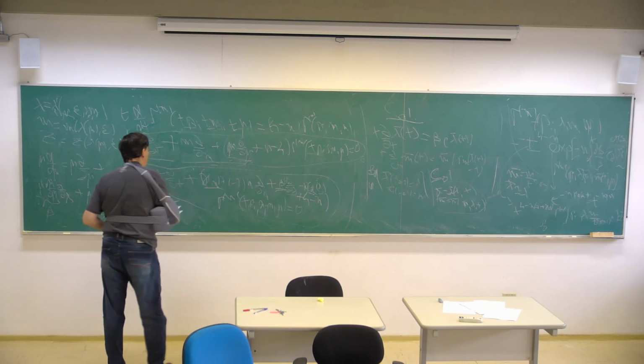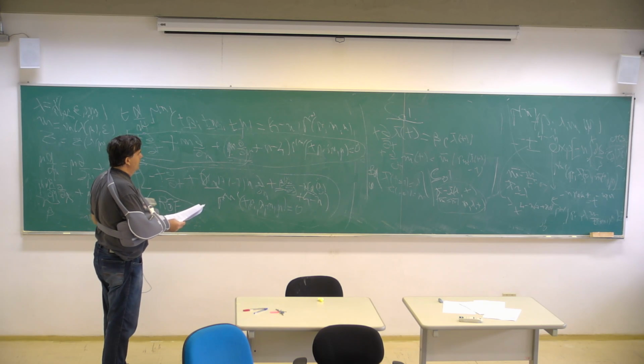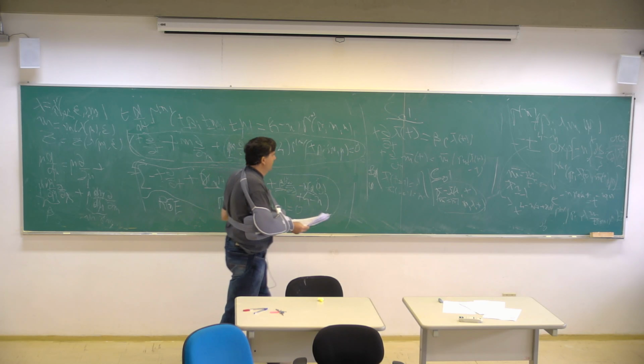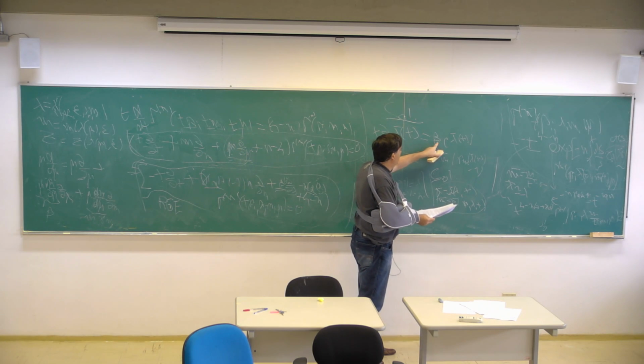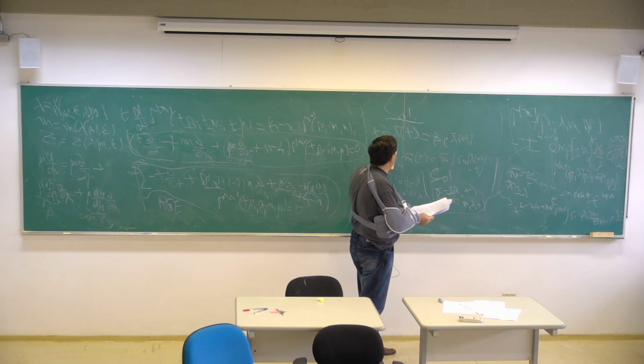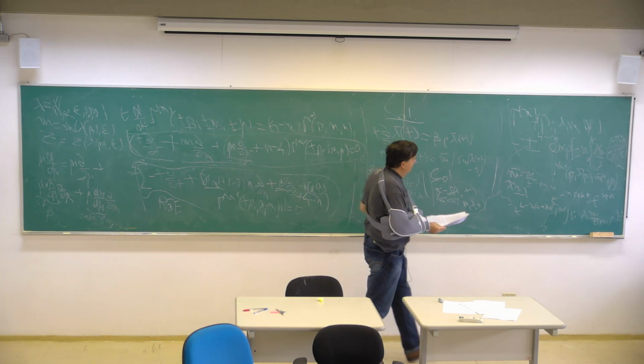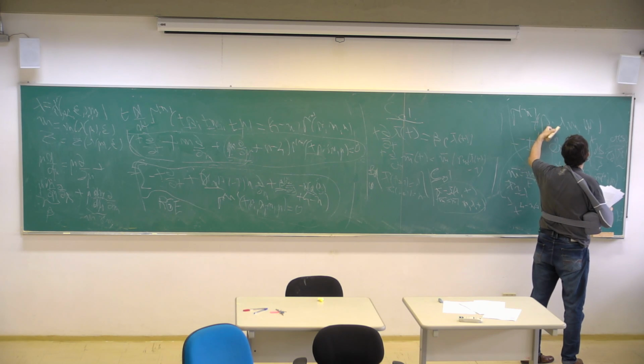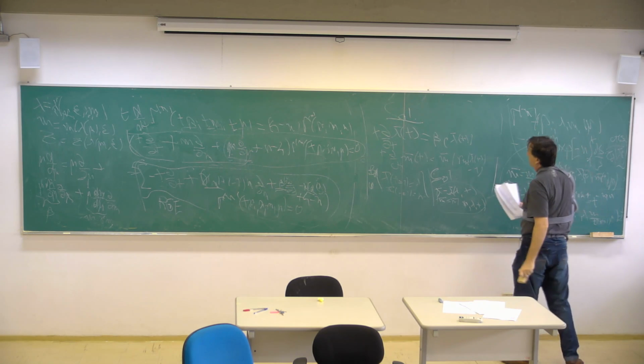Now, an important object in this analysis is the first one, the beta function, which defines the dependence of the coupling with t. And remember that t is really related to the physical scale mu.